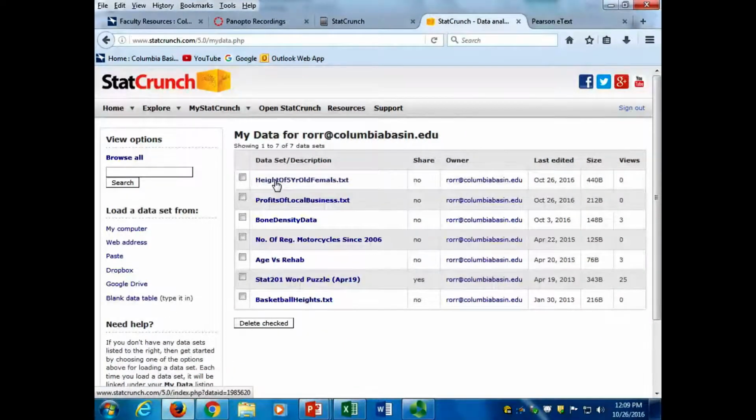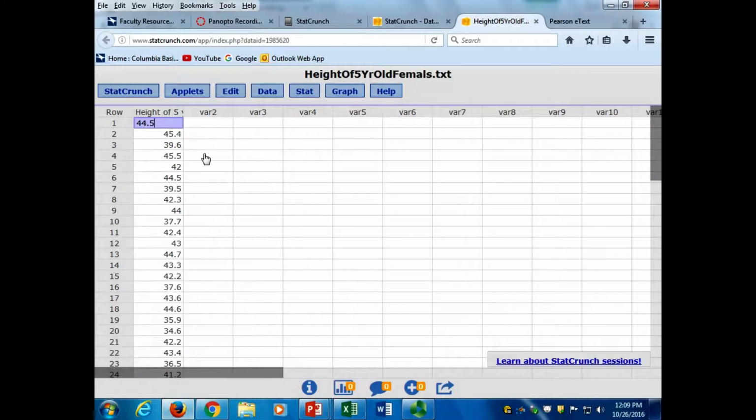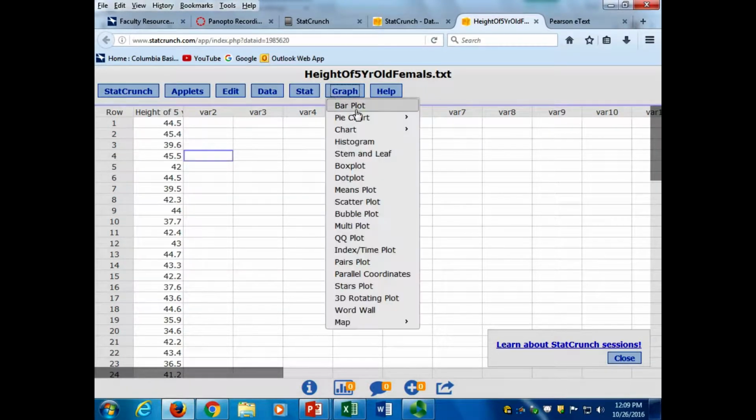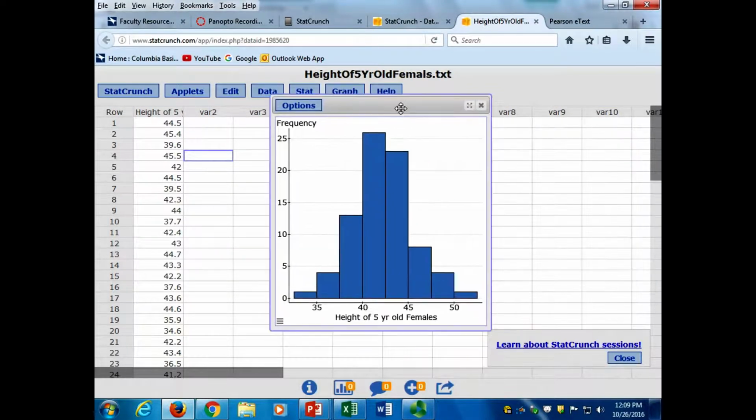Okay, so for example, here's a data set where they had measured the heights of 5-year-old females in a health clinic. All right, and at first I just want to look at a graph here. So if I were to graph these heights of 5-year-olds, what does it look like?